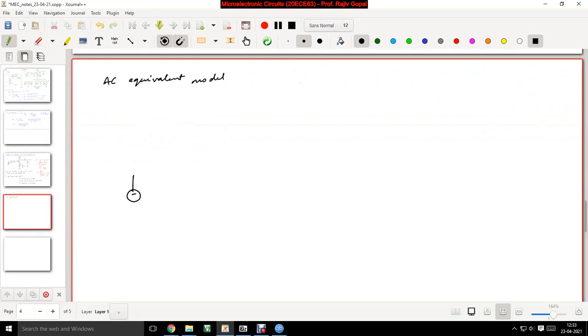This is again plus minus V signal, then this is R signal, then I have RG here, this is going to ground, then here I will have 1 by GM, then here I will have RS, this will go to ground, right?